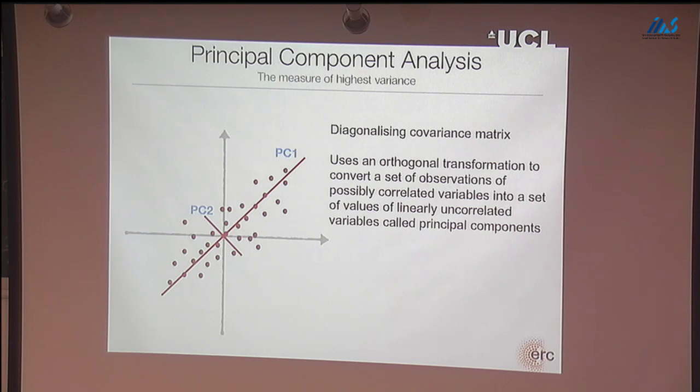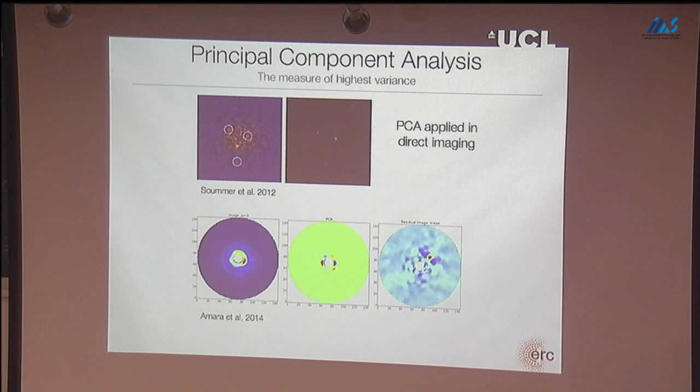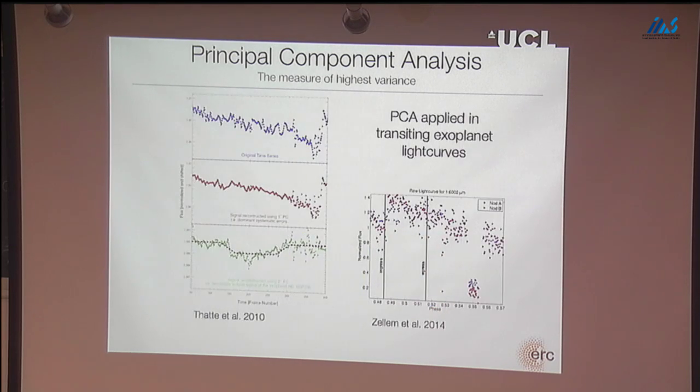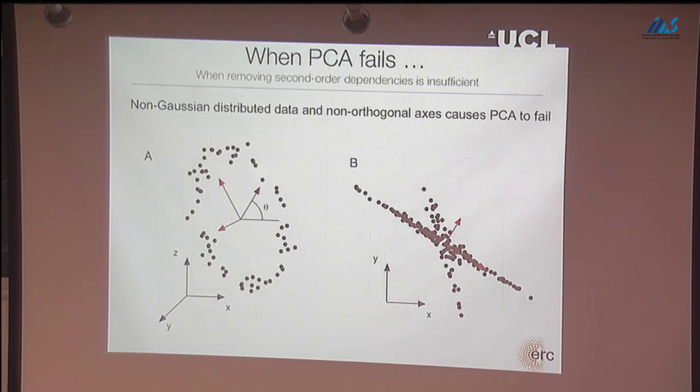Then if your observation is sensitive to this, you might be able to separate the signal from the systematics. Principal component analysis has been applied successfully, especially in direct imaging. It seems to work very well, and many teams have been using it now for transits of exoplanets.